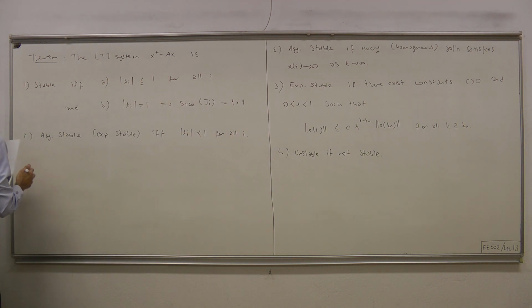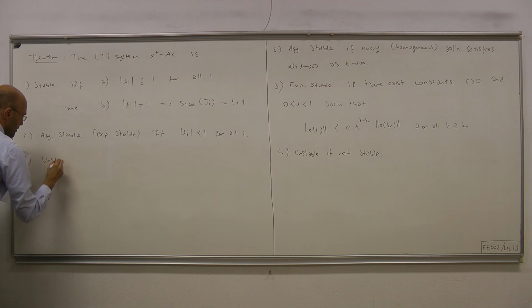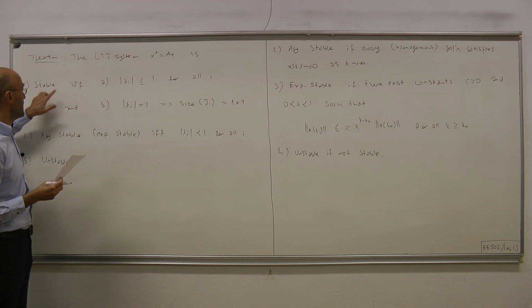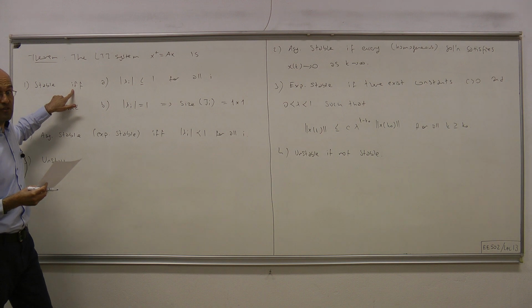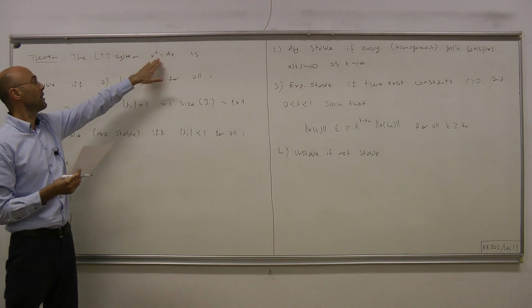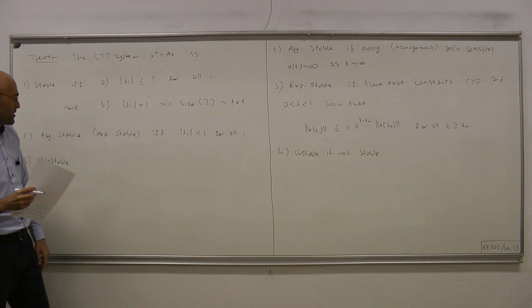And finally, it's unstable. Now this is the stability definition, and it's an if and only if type. Therefore, this completely characterizes the stability of our system x plus equals A x.